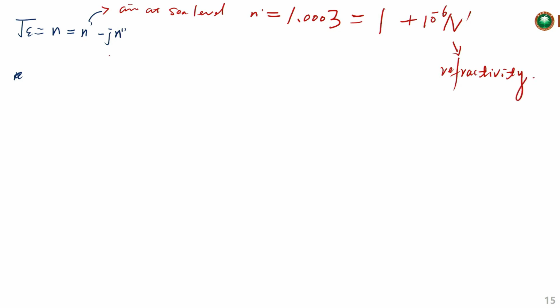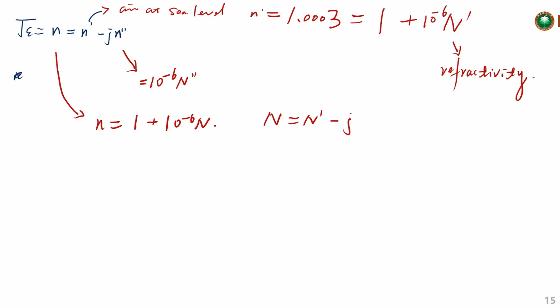Also, this term is the imaginary part, so it only has the imaginary part here. Now we have the expressions for our refractive index, and the total complex value is 1 plus 10 to the minus 6 N, and N equals N prime minus j N double prime.